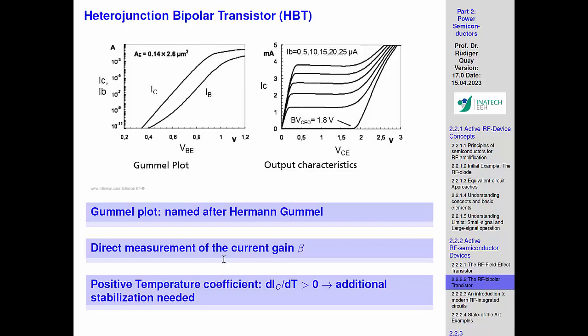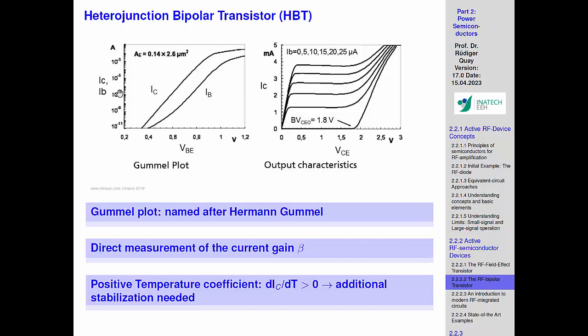So these differences are not linear; they are exponential, logarithmic is how you write it. So it means that the base current is by orders of magnitude lower than the collector current, which means that you have a very, very high current amplification.